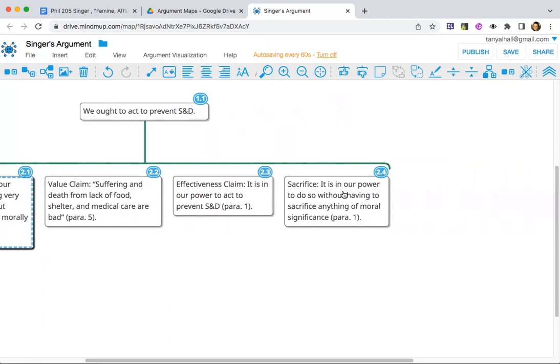We could fill that in right now, actually. Let's do that. The action required to prevent the bad thing from happening is not wrong in and of itself.